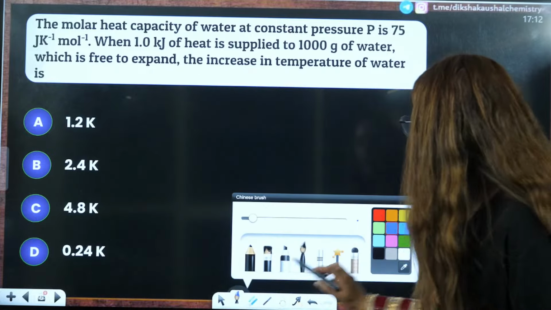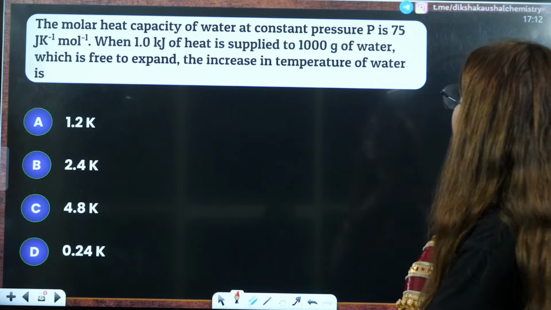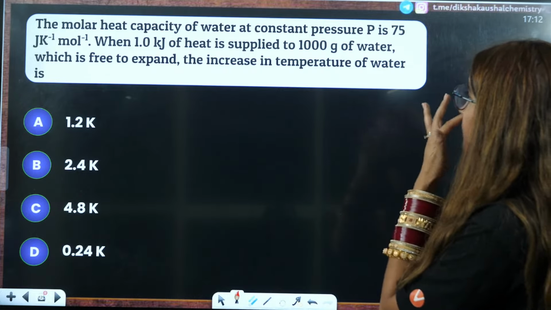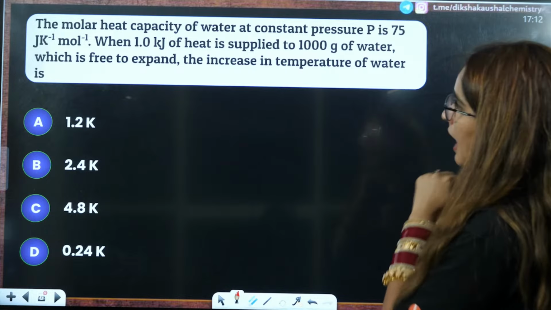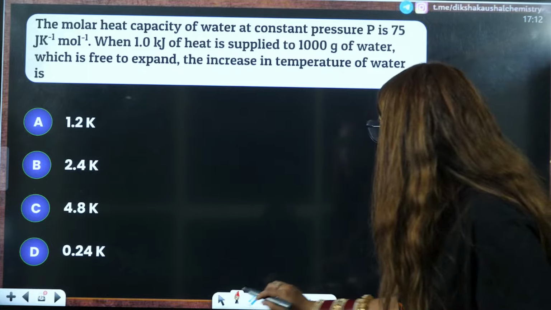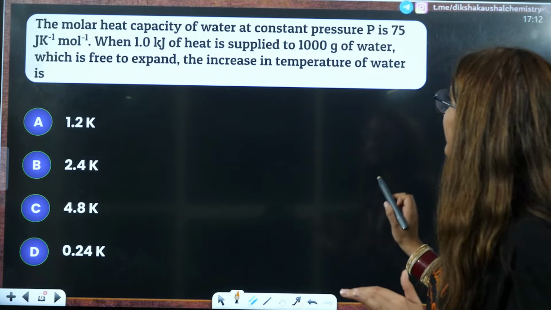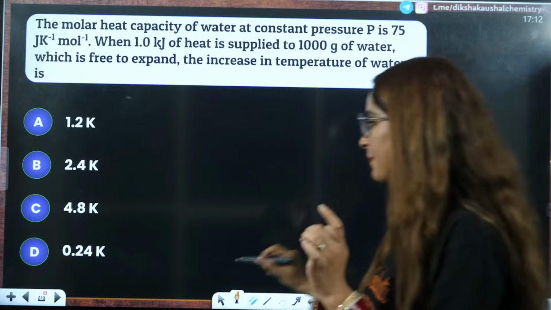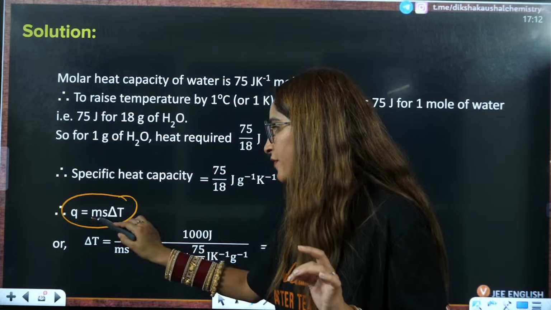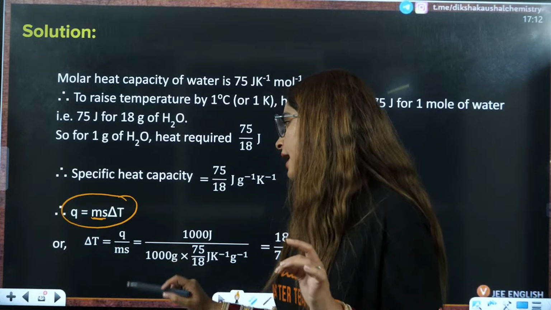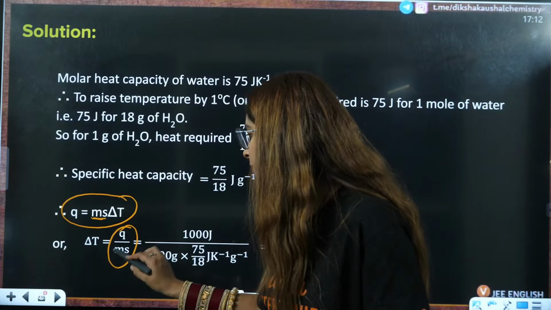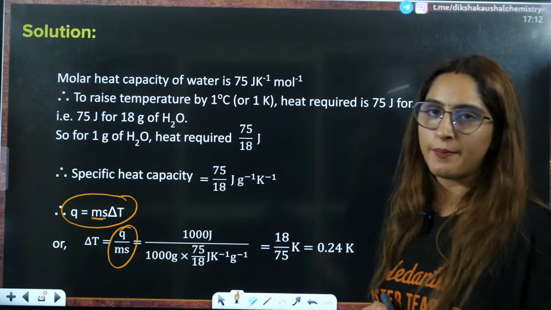The molar heat capacity at constant pressure is given to you. When 1 kilojoule of heat is supplied to 1000 gram of water, which is free to expand, what is the increase in temperature of the water? So molar heat capacity is given to you, and they are asking you the increase in temperature. For that, you should know one thing, that Q is equal to specific heat capacity times mass times delta T. So delta T is equal to Q divided by mass into specific heat capacity.